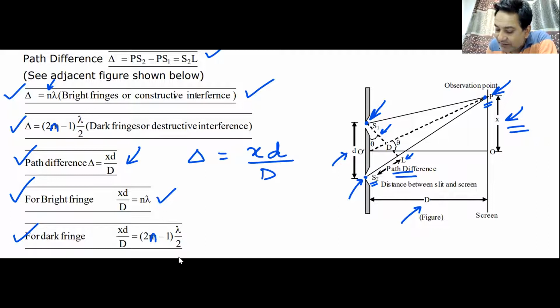Do we understand this? Can you remember all this information, these 4 or 5 formulae? I'll give you time to note down these formulae.